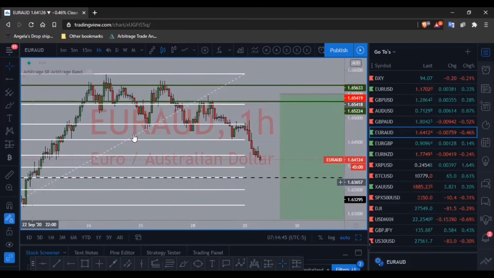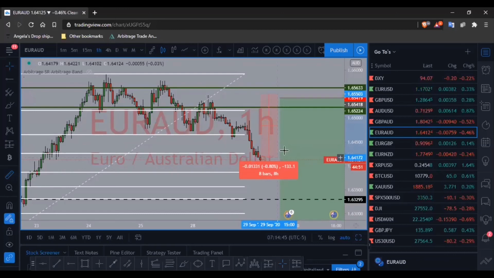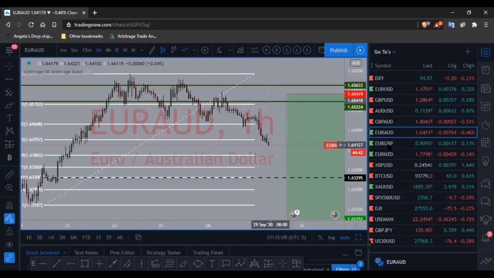But let me see what TradingView is saying. Oh wow, 136 pips on here. So I think my position isn't up here. I think it might be a little lower, but still. Oh no, this is the wrong account. Hold on. Yeah, up about 100 or so pips.